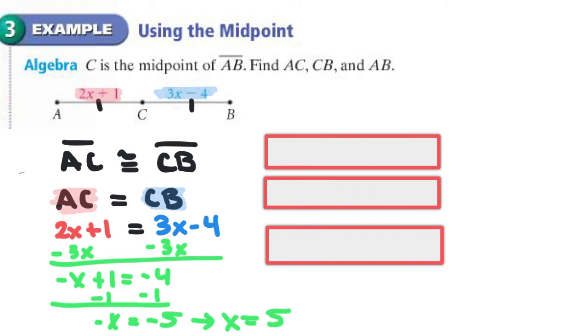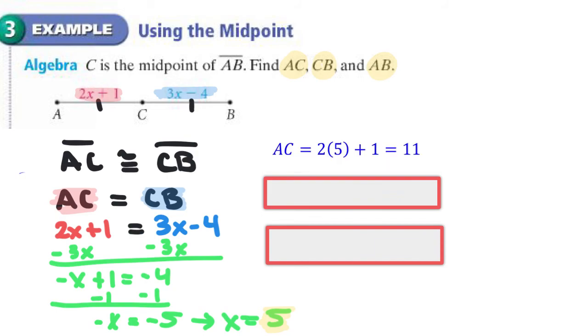The last part of this question is asking for the length of AC, CB, and AB. So if I want to find the length of these, I'm just going to plug in the value of x into the original expression. So first, for AC, I take my value of AC from here, and I substitute the 5 for x to give me 11.